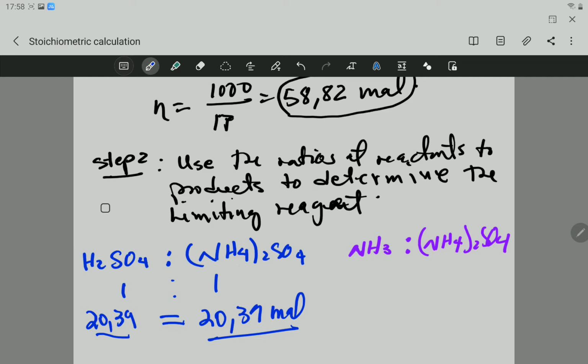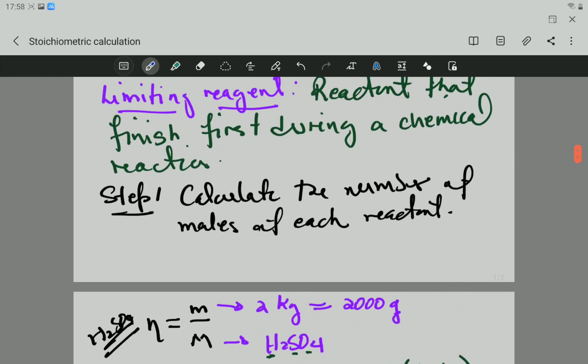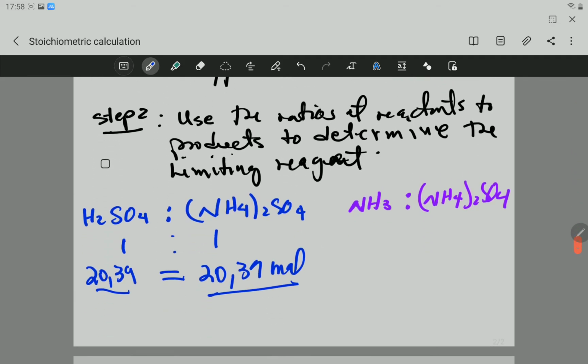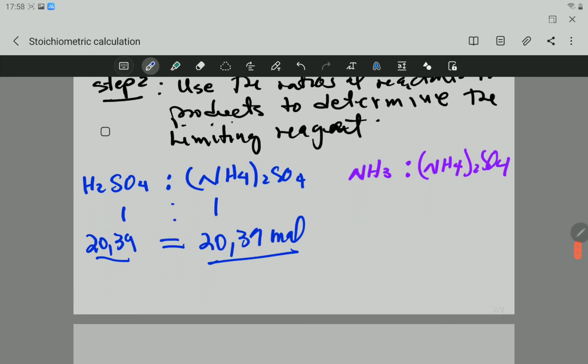For every 1 amount of sulfuric acid you use, you will get the same amount of ammonium sulfate.